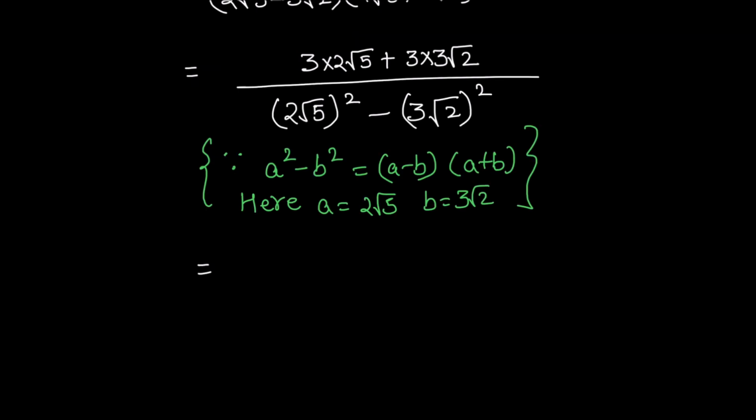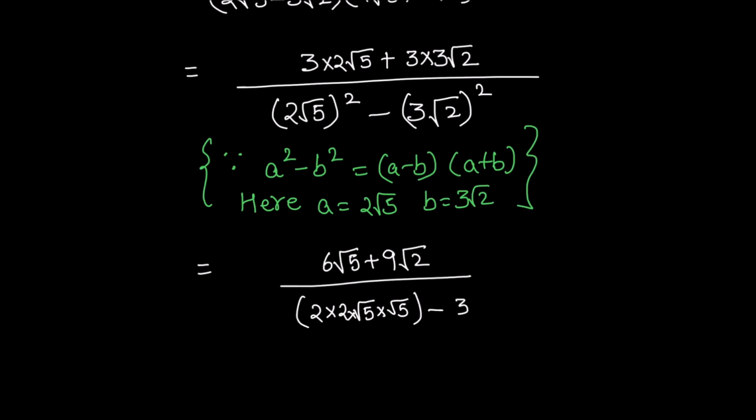So the numerator will be 3 times 2 is 6 root 5 plus 3 times 3 is 9 root 2, divided by 2 root 5 square, which will be 2 square times root 5 times root 5, minus 3 square times root 2 times root 2.